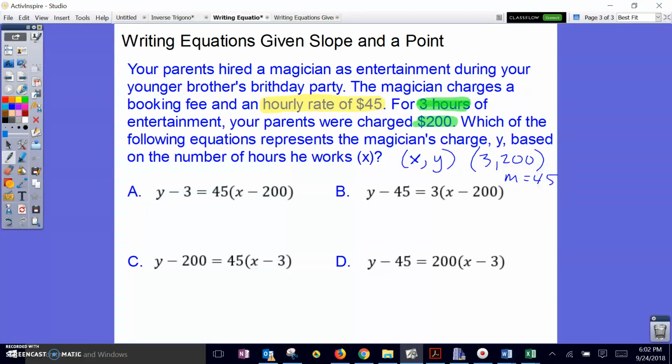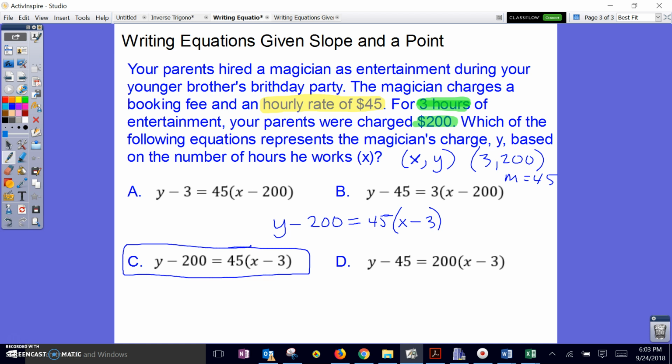And so we need these two pieces of information. And so I'm going to use my point-slope form. y minus the y-coordinate of the point is equal to the slope times the quantity x minus the x-coordinate of the point. And this is the equation that I'm looking for, and we find it as option C.